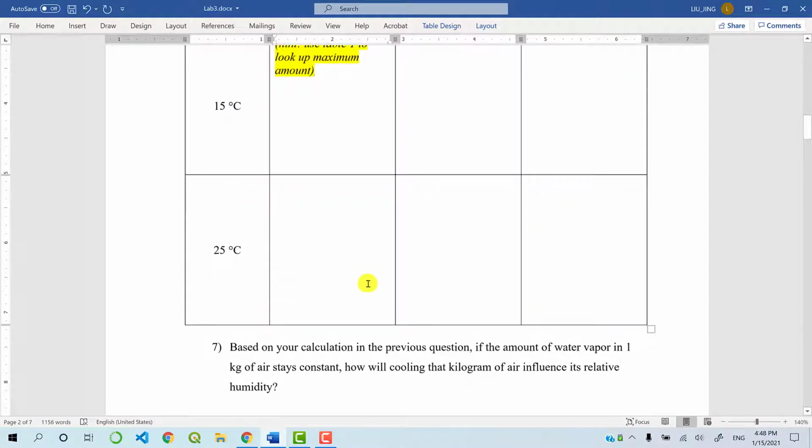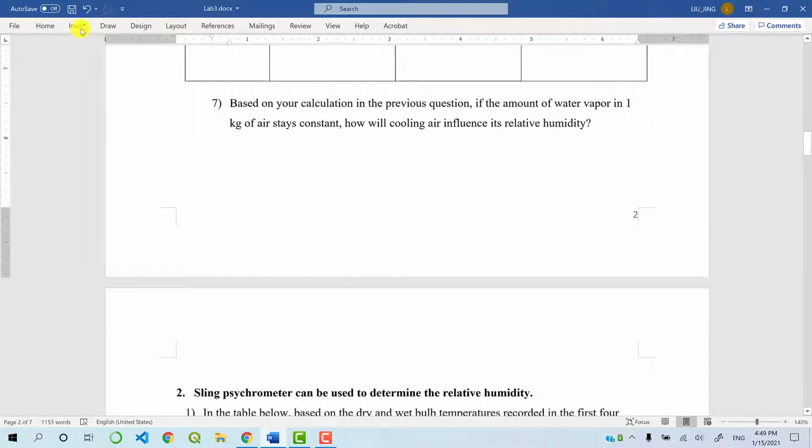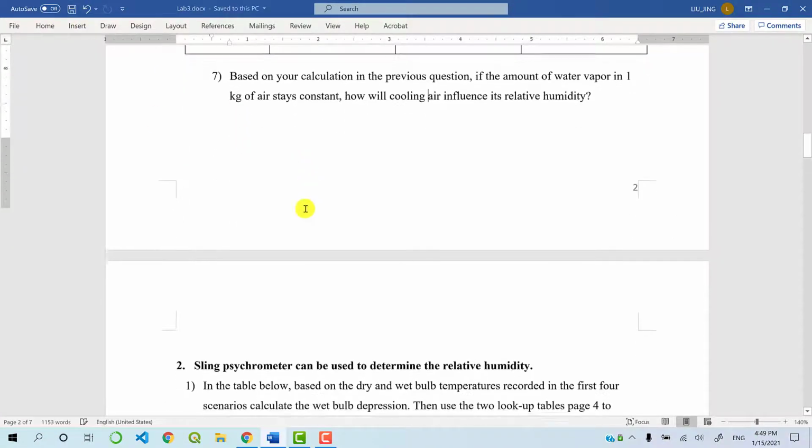Basically, if you cool your air, do you increase your relative humidity or decrease your relative humidity? This is another observation you need to make. Let me say this one, 1 kilogram, just cooling the air. Keep it simple.